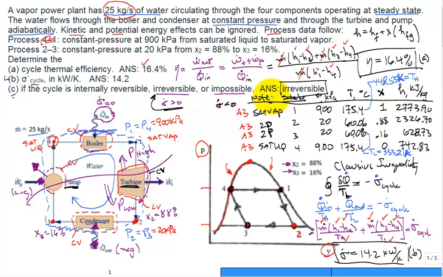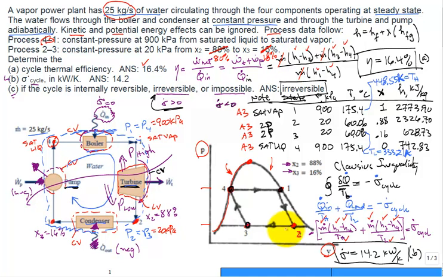Okay. Now what I want to do is change this problem up just a little bit. I come in and I say, oh no, change the quality at state 2. Change it to be not 88%, but only 80%. And change the quality at state 3 from 16 to 18%.